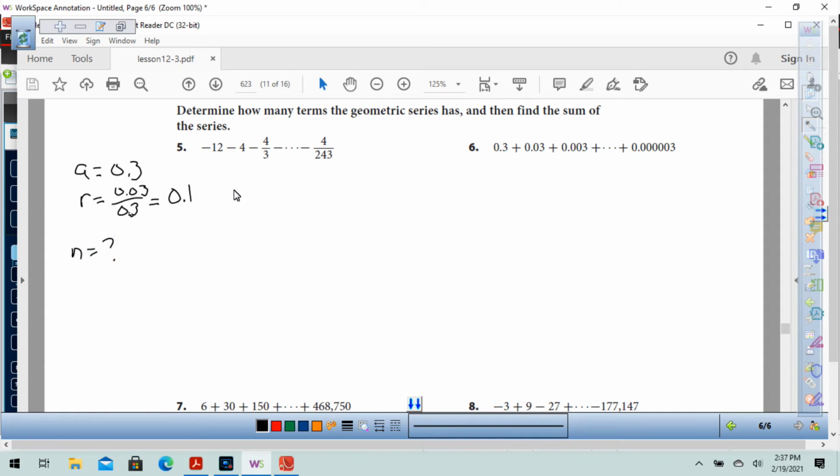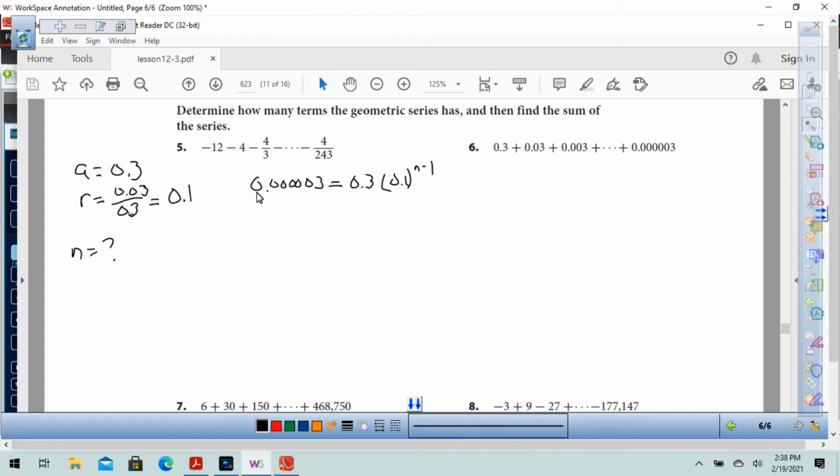All right, so we're going to have 0.12345 equals 0.3 times 0.1, and we have n minus 1.